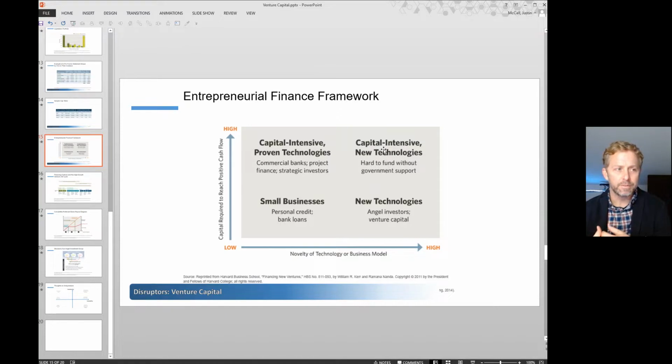A better example is probably something like laying fiber optic cables across the ocean to be able to allow communications between, say, North America and Europe. Another really good example is the Hyperloop. So this is the thing that Elon Musk did, or is doing, which is basically going to be this magnetic tube that will shoot you from Los Angeles to LA faster than a plane could go, and safer, and all these kind of cool things.